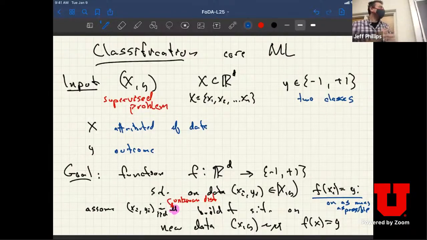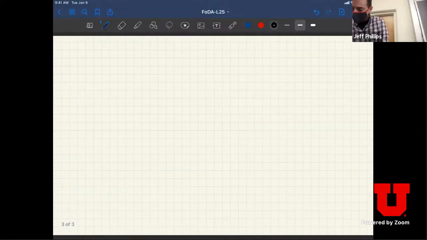So with this function, if I can build any function, then I can just output -1 or 1 on the data I have. But I want simpler functions, because simpler functions tend to generalize better.